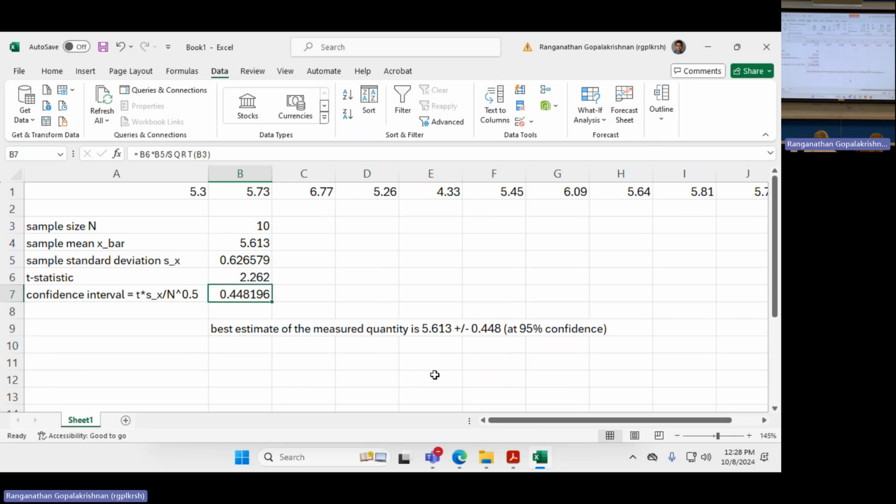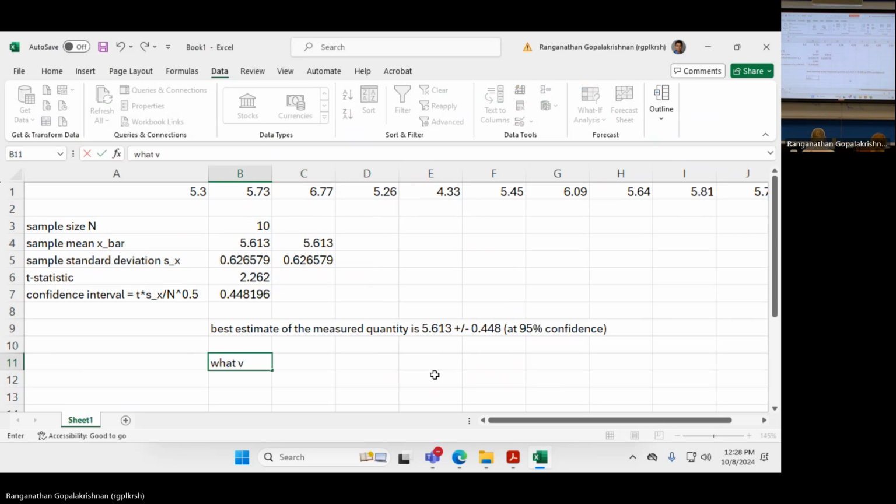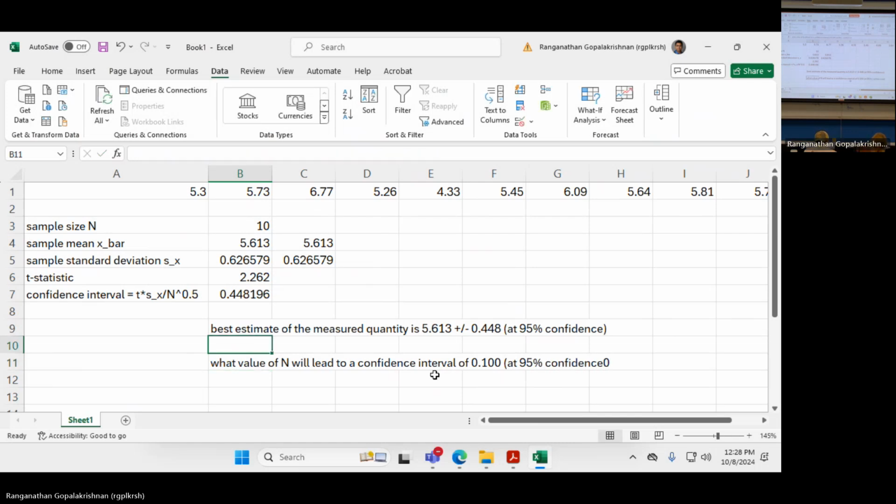I'll keep this n blank. Okay, n is blank, same sample mean, same sample standard deviation. What value of n will lead to a confidence interval of 0.100 at 95% confidence?